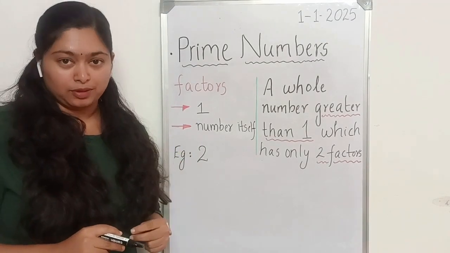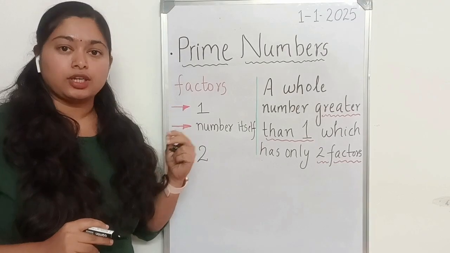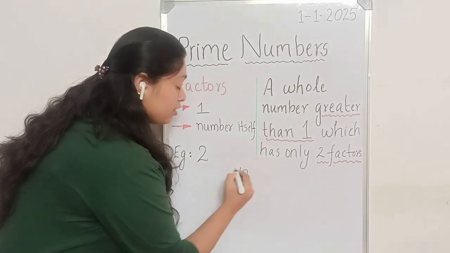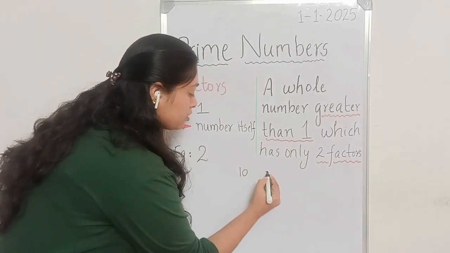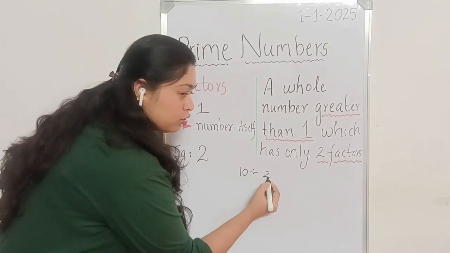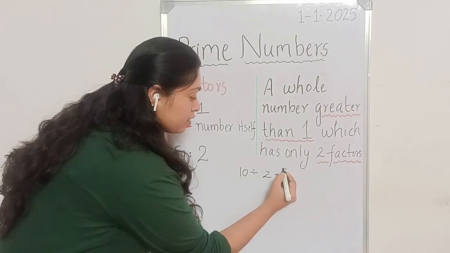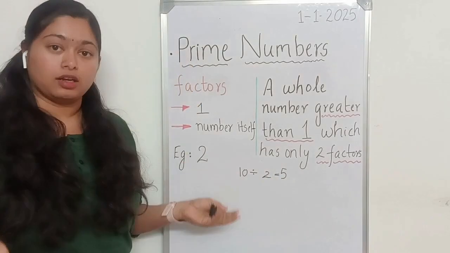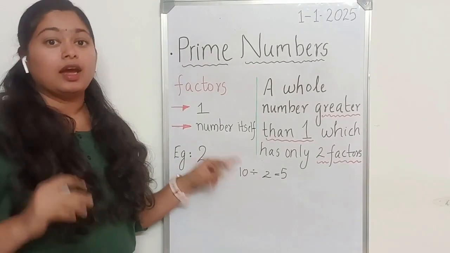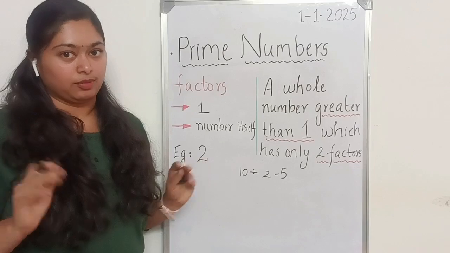For example, let's take 10, and let's take the second number as 2. I can divide 10 with 2 and get the answer as 5 with no remainder. So 2 is a factor of 10. And I hope that you guys know already.